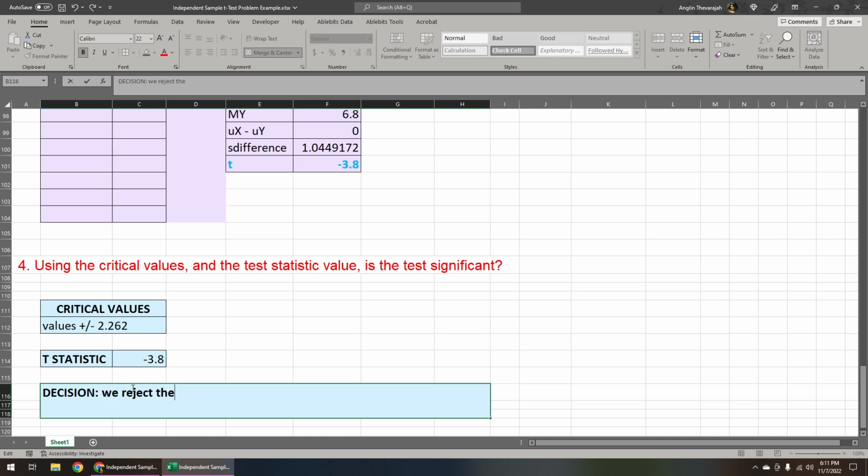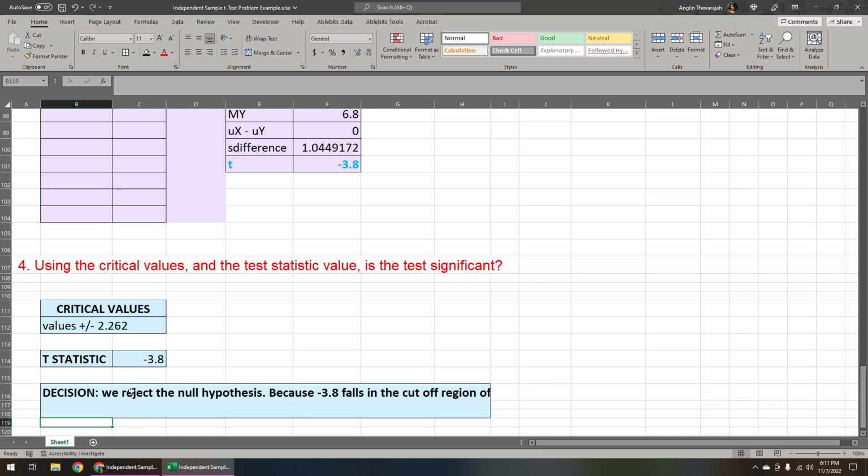We would reject the null hypothesis, because negative 3.8 falls in the cutoff region of negative 2.262.